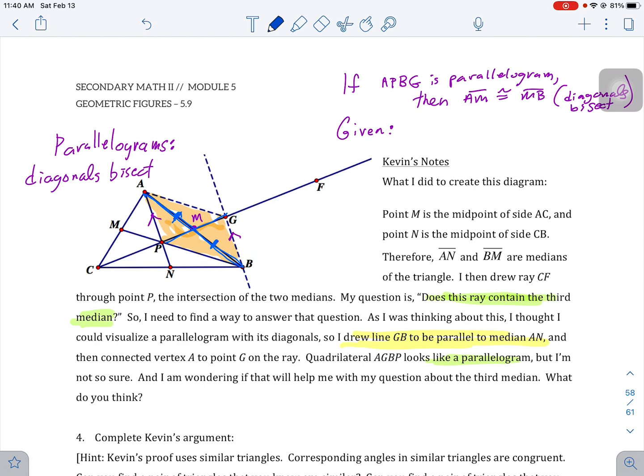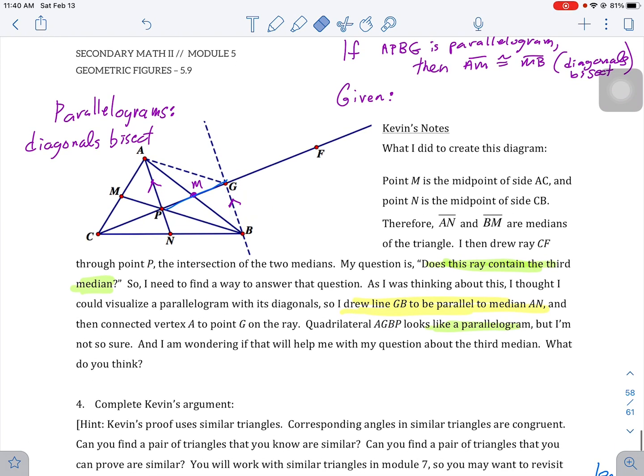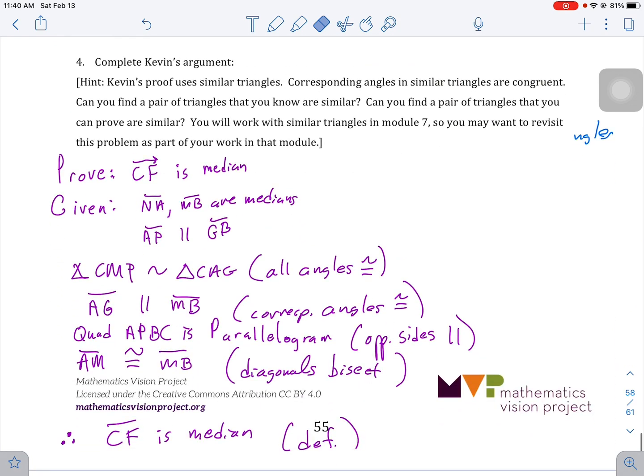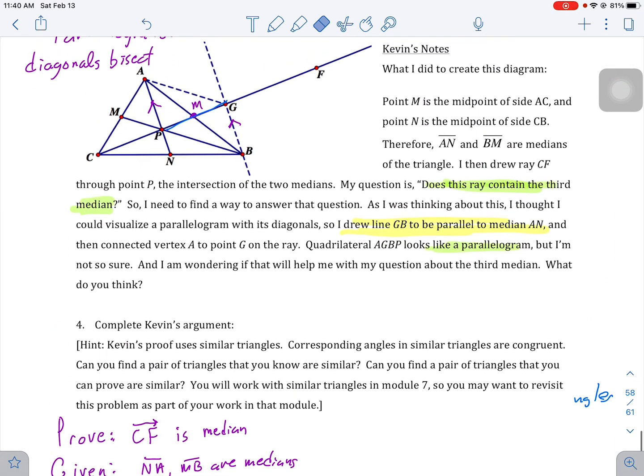So they've given us some information here that we can use. They've given us the fact that NA and MB are medians. So if NA is a median, that means that those sides are congruent. And if MB is a median, that means that those sides are congruent.